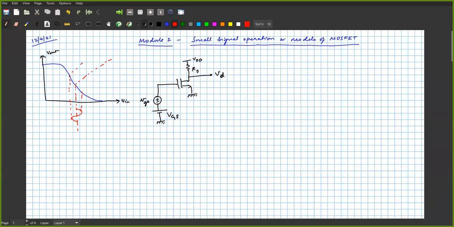You can clearly see it is getting amplified. And it will be like this. This is my input signal. This is my output signal.